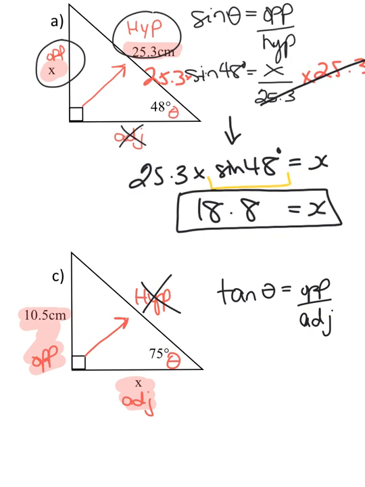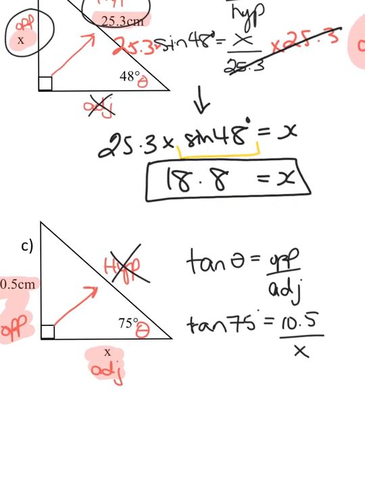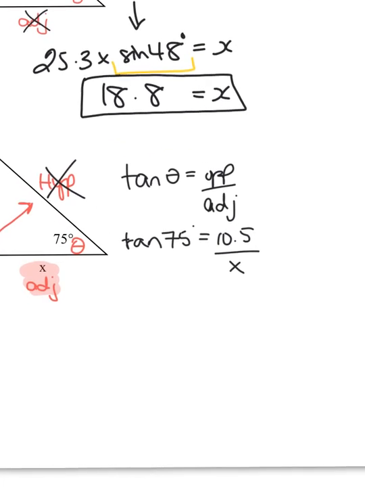So now let's plug that in. So my theta this time is 75 degrees. My opposite is 10.5, and my adjacent is x. So I'm going to rearrange this equation. It's a little bit different because this time x is on the bottom. So in order to do that, doing just a little bit of algebra, I'm going to show you how to do it quickly. When x is on the bottom, it's going to switch places with that tan of 75.